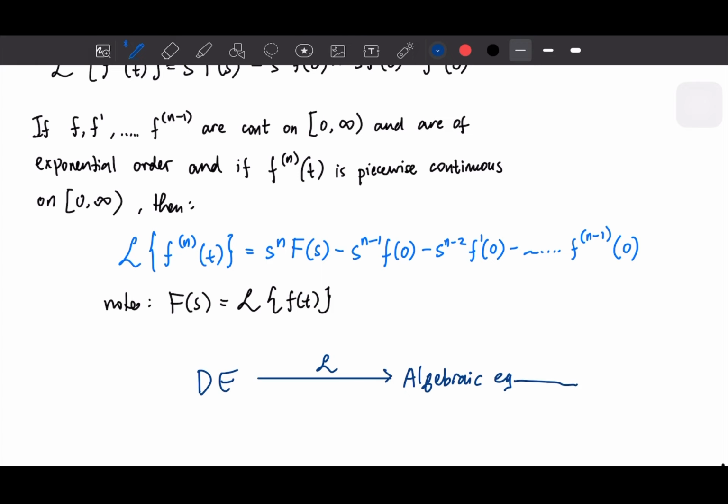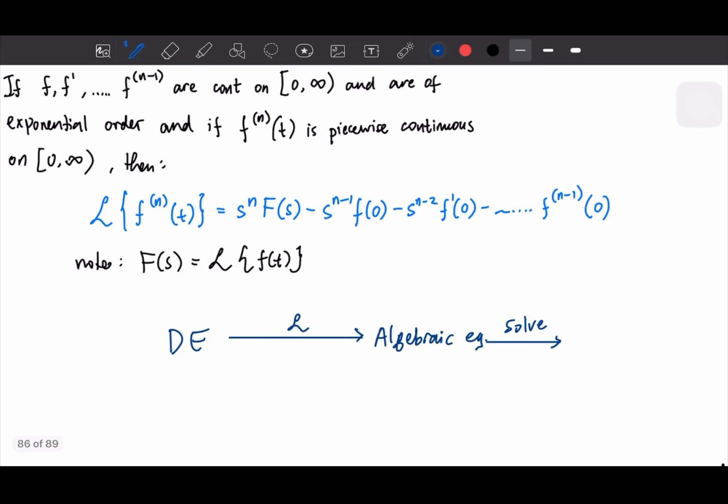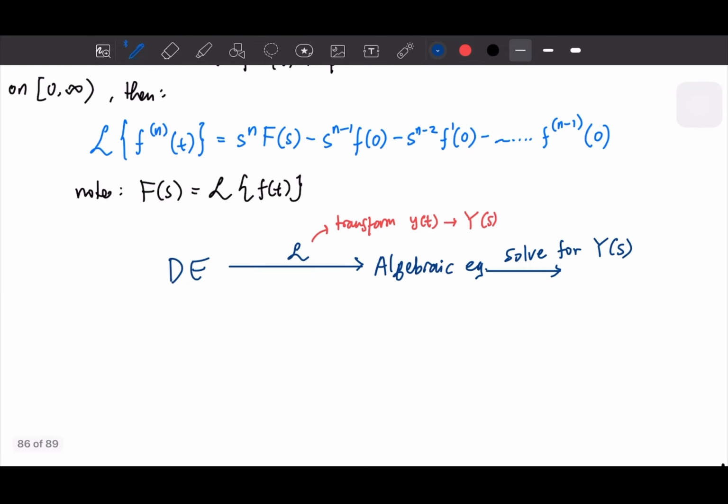And then we can solve the algebra, so solve for F(s) or Y(s). So this transforms y(t) to capital Y(s). We solve for Y(s), and then we get Y(s).